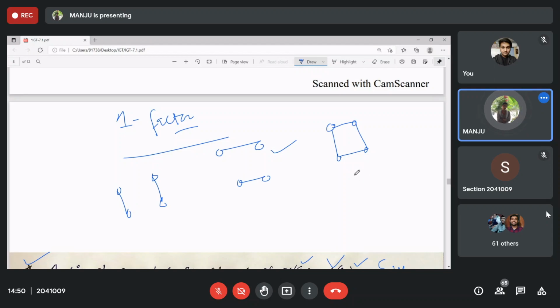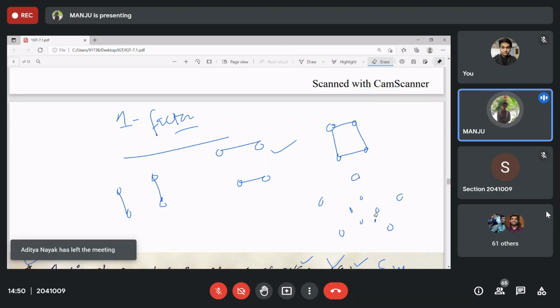What about Petersen graph? Does it have one factor? Okay, inside there is star one, outside there is this one, and these corresponding vertices are adjacent.